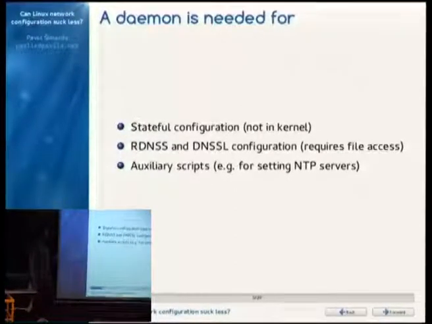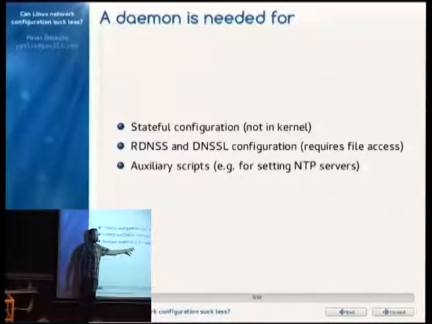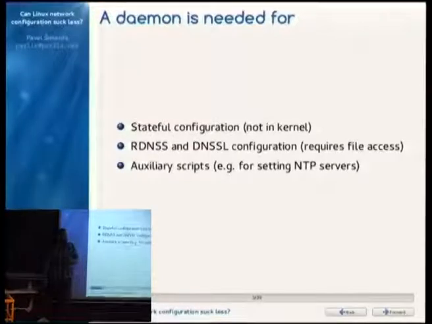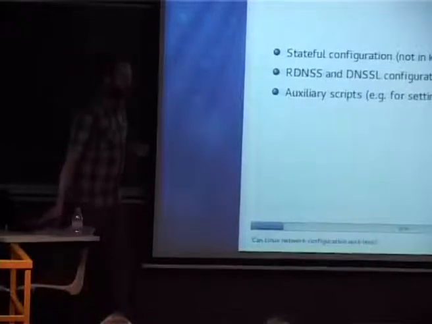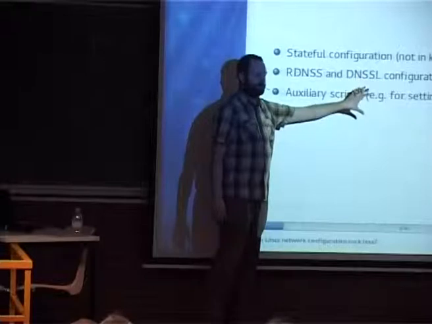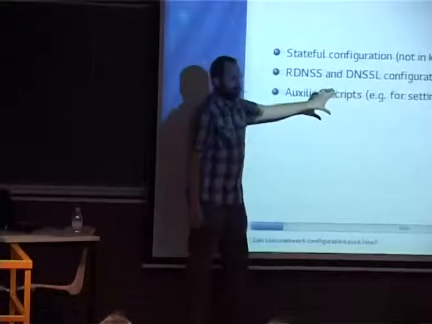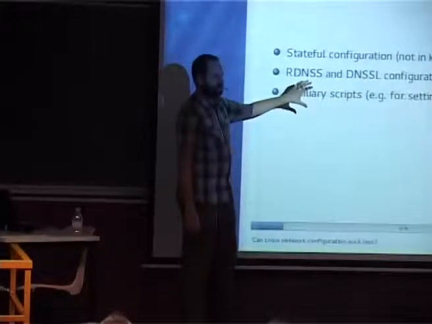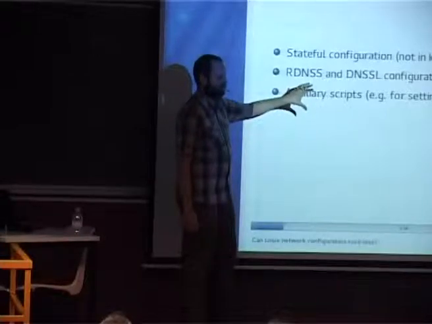What you also need for many things are some sorts of auxiliary scripts, like, for example, when you receive a list of NTP servers over DHCP, you want to run a script to tell the NTP client daemon to use the exact list of servers you received.